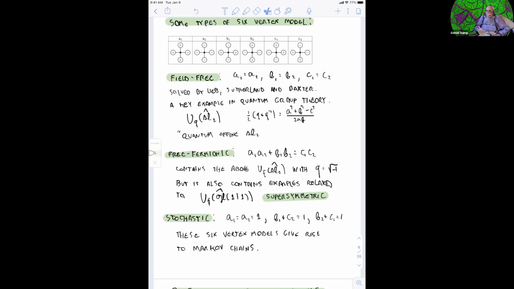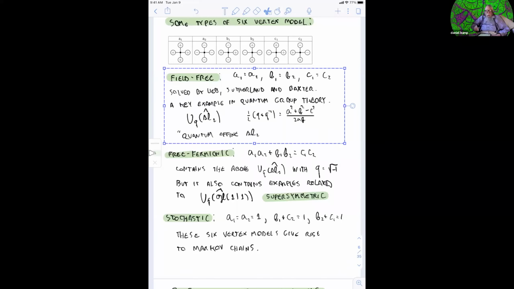The field-free models will be characterized by the fact that A1 is equal to A2, B1 equals B2, and C1 is equal to C2. And these were the examples that were solved by Lieb, Sutherland, and Baxter. I could mention also Korepin and Izergin. And this was a key example in the discovery of quantum groups.